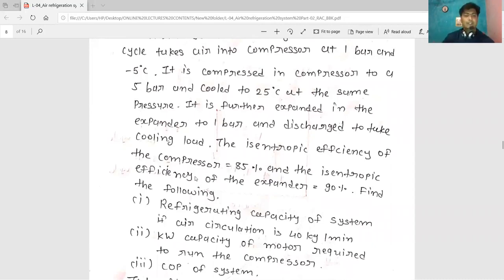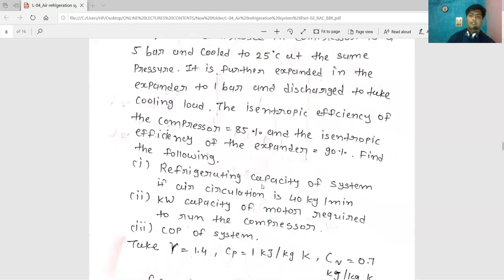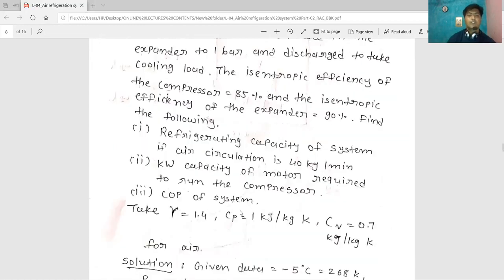The isentropic efficiency of the compressor is 85% and the efficiency of the expander, that is the turbine, is 90%. Find the following values: the refrigeration capacity of the system if the air circulated is 40 kg per minute, that is the mass flow rate of air; second, the kilowatt capacity of the motor required to run the compressor, that means the power of the compressor; and the COP of the system.